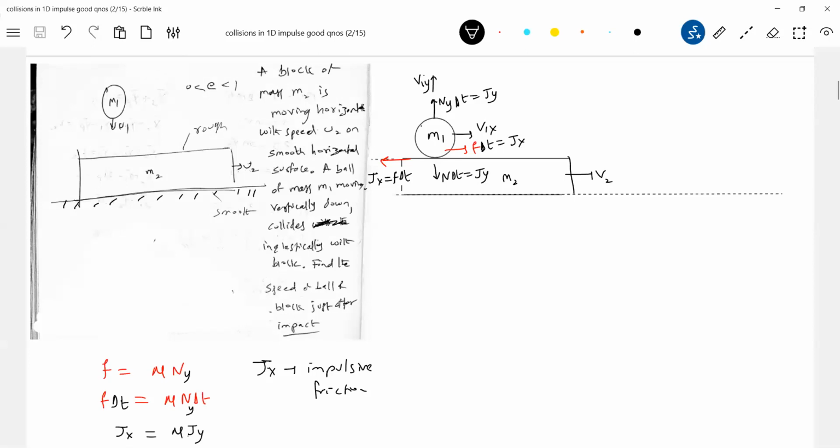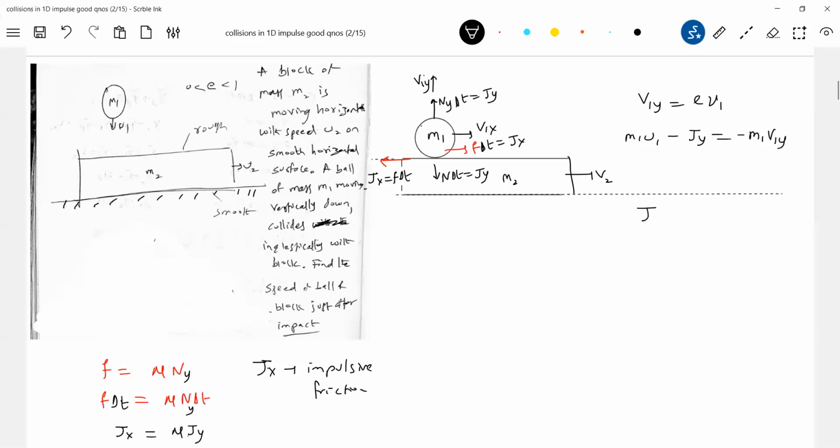What is v1y? v1y should be equal to e u1. Yesterday we have seen this. So now we know v1y, so can we calculate Jy? What is the impulse momentum equation? m1 u1 minus Jy equals minus m1 v1y. Why the negative sign? Because v1y is opposite to the initial momentum.